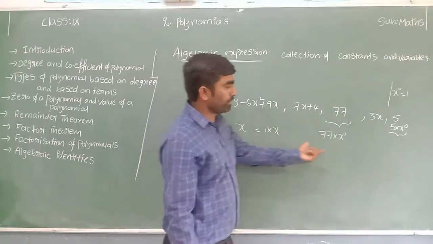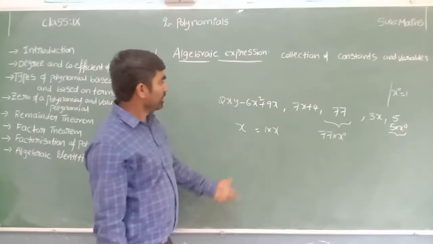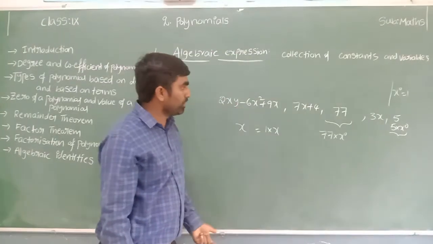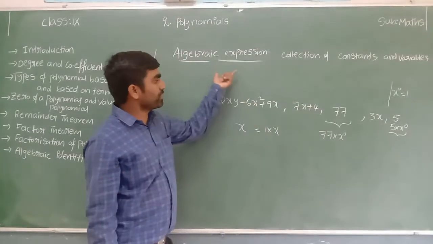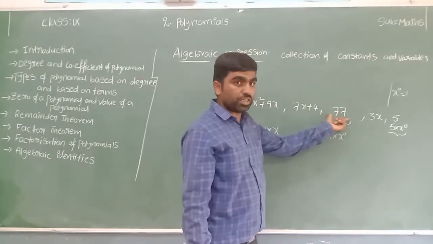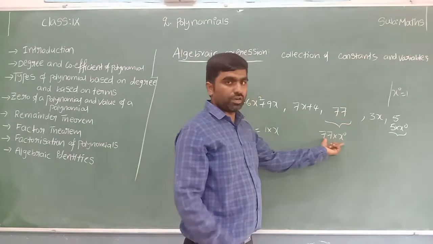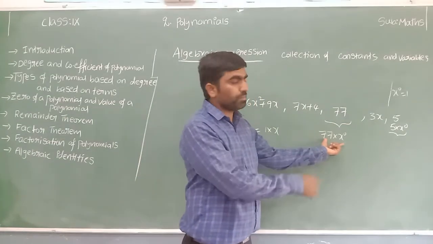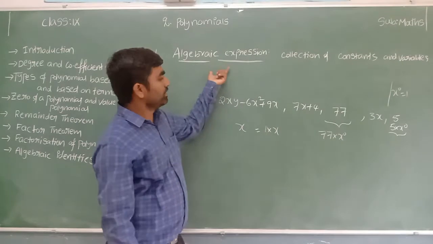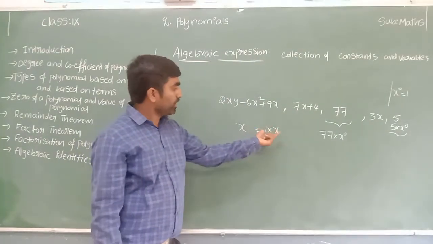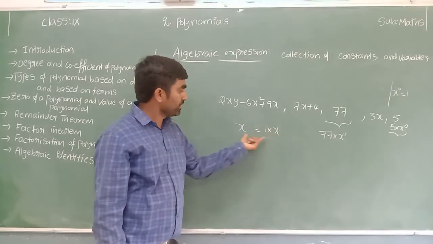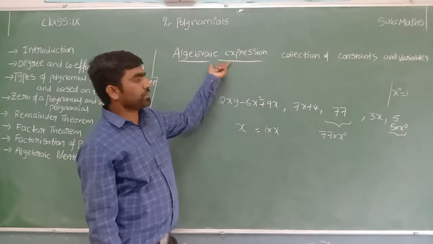Now from these examples, what we observed: here I can see a collection of constants and variables, and here also. These are algebraic expressions. Here I can see only a constant, though we can express it in terms of constants and variables, so it is also called an algebraic expression. Here I can see only a variable, though we can express it in terms of constants and variables, so it is also called an algebraic expression.